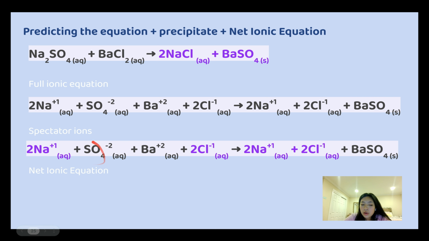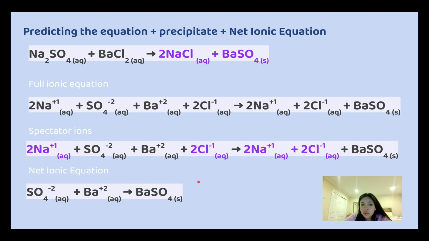So that's going to be your sulfate and your barium, which will create BaSO4, barium sulfate. So that's your net ionic equation. Remember, always put the charges and always put the state of matter. So aq, solid, always remember those.